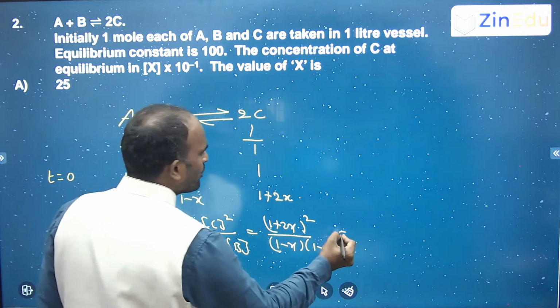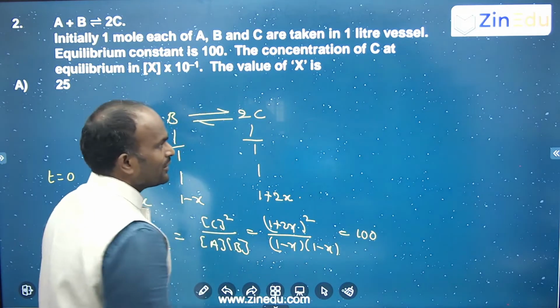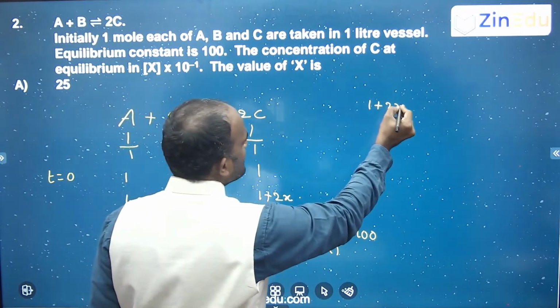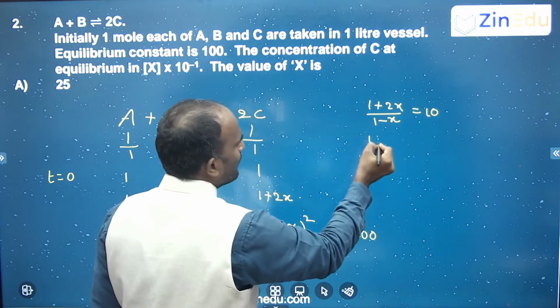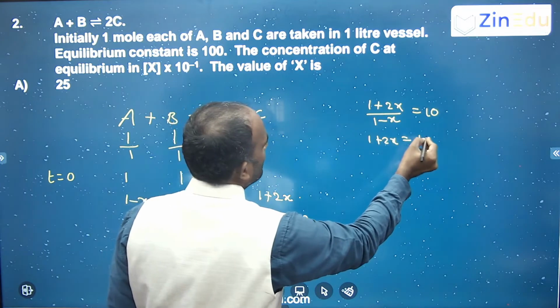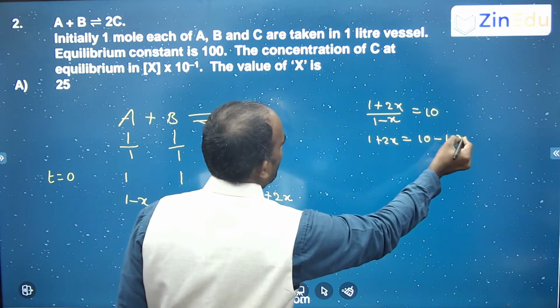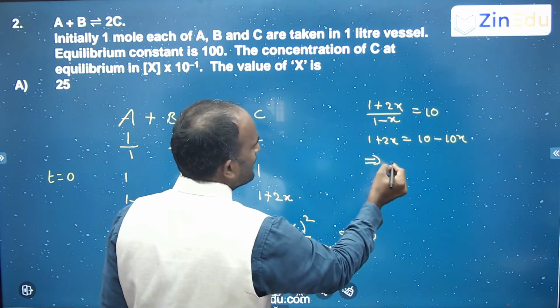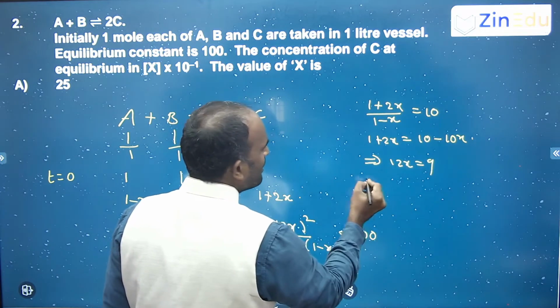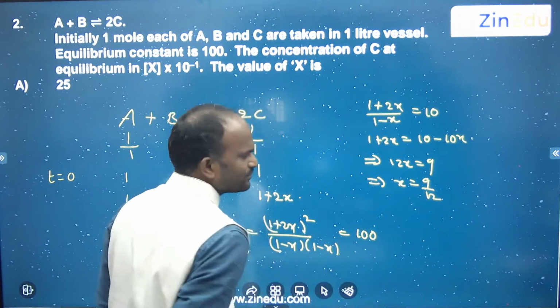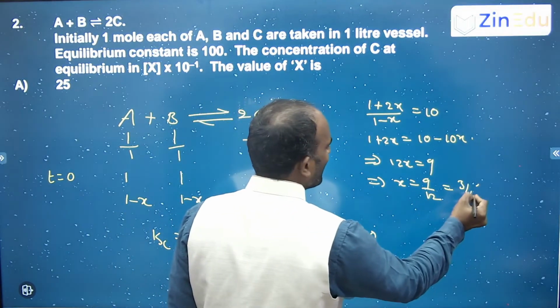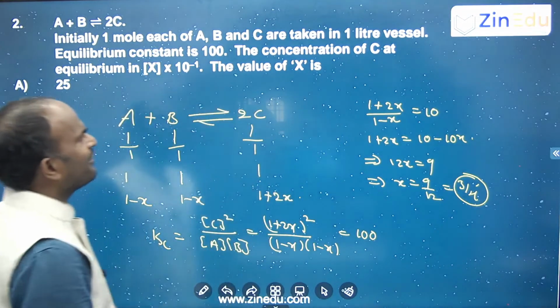Here Kc is given as 100, so 1 plus 2x divided by 1 minus x is equal to 10. Therefore 1 plus 2x is equal to 10 minus 10x, which implies that 12x is equal to 9, which implies that x is equal to 9 divided by 12, so x equals 3 divided by 4.